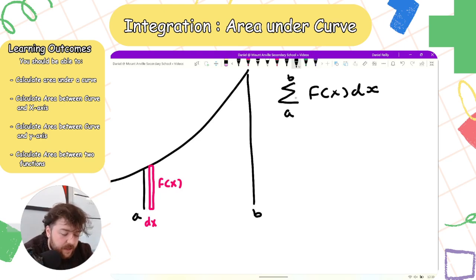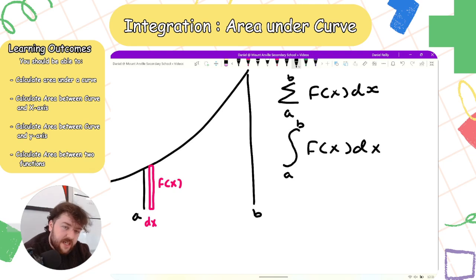Now, summation notation is more for distinct amounts, where it goes up in 1 or 2 and so on. If I am finding an infinite sum, so I'm literally getting every possible value between a and b, that is when this sigma notation becomes my integral notation, and the integral is born like that.